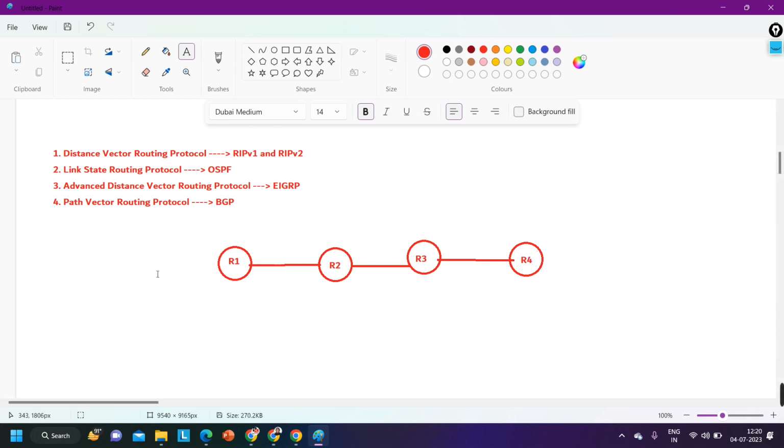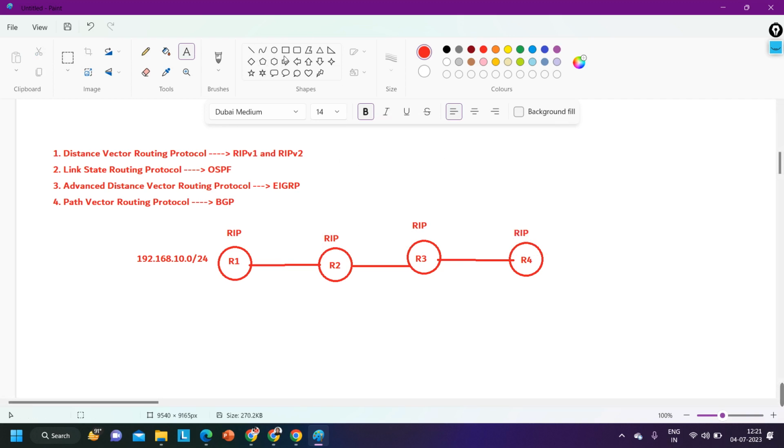Done. Router 1 has one network, 192.168.10.0/24, let's say. On these routers we are running a distance vector routing protocol, that is, let's say RIP. Here also I am running RIP on router number 1. On router number 2 also I am running RIP. On router number 3 also I am running the RIP routing protocol, and on router number 4 also I am running RIP.